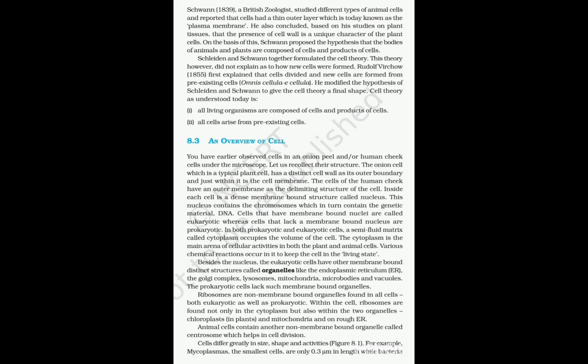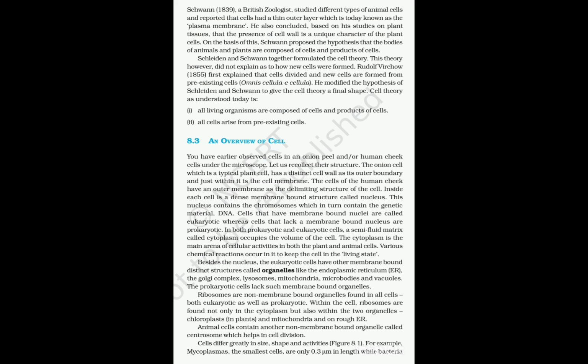Within the cell, ribosomes are found not only in the cytoplasm but also within two organelles, chloroplasts and mitochondria, and on rough endoplasmic reticulum. Animal cells contain another non-membrane-bound organelle called the centrosome, which helps in cell division.